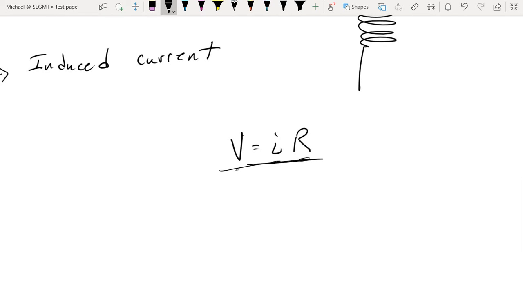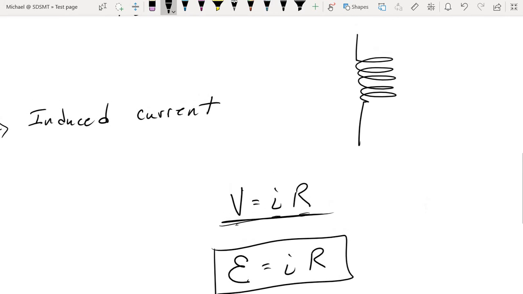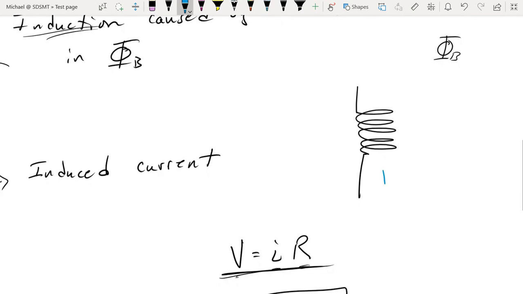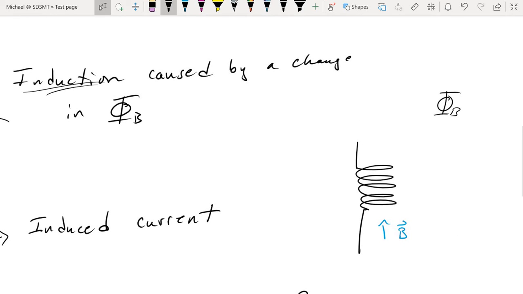If we were to update Ohm's law to take into account the use of an EMF, then we just get this expression right here. But we said that there are no batteries in this system. Our coil is not hooked up to anything. It's just the coil, and we have this changing magnetic flux that's associated with the coil.